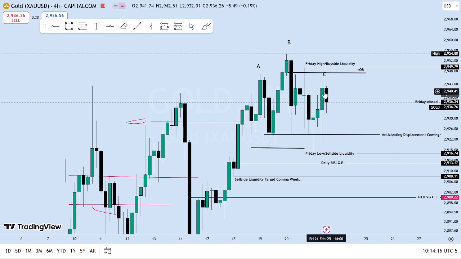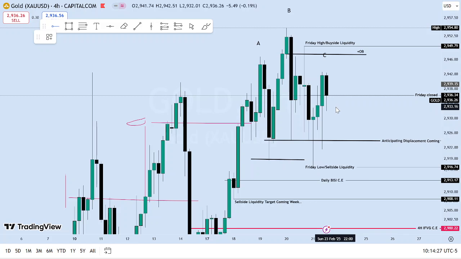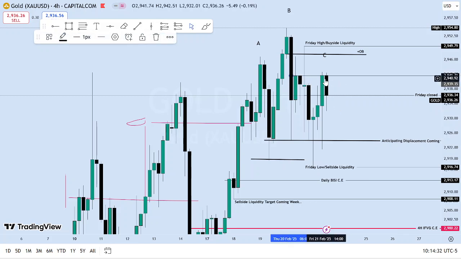And right here on Friday, price took out the high of this almost equal high, a higher high. So we're having a higher high here, equal high. So it's a high probability to sell equal high. We have an inversion here too. There's an inversion fair value gap.